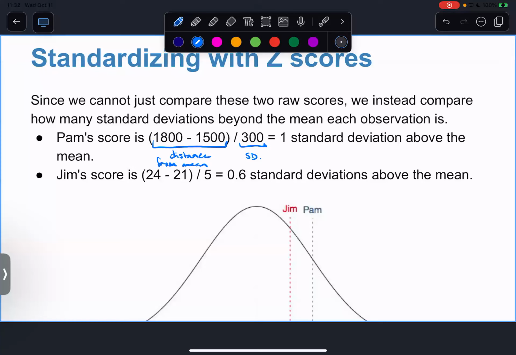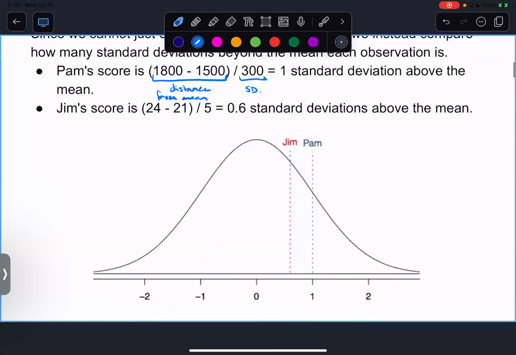You could be 1 standard deviation below the mean, if you scored 1500 minus 300, 1200, which is still okay. Then we did Jim's score, and we didn't end up at a nice number, but we did end up at a distance of 3 over 5, which is 0.6 standard deviations above the mean.